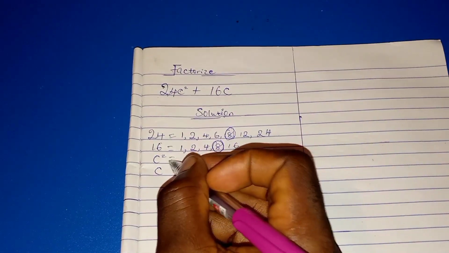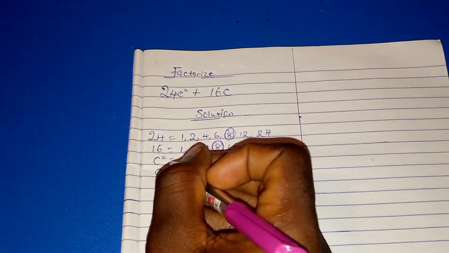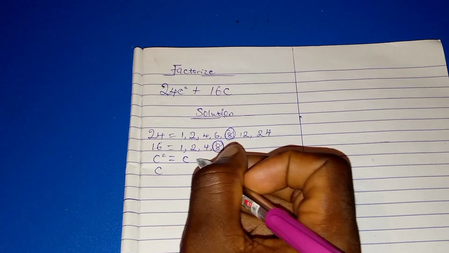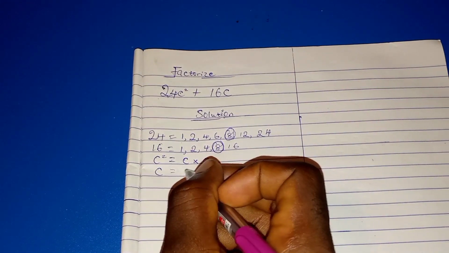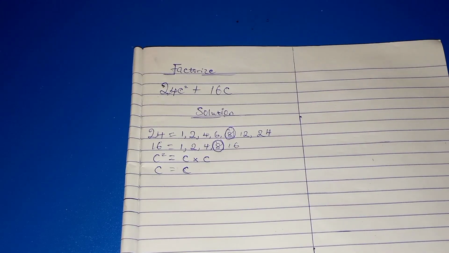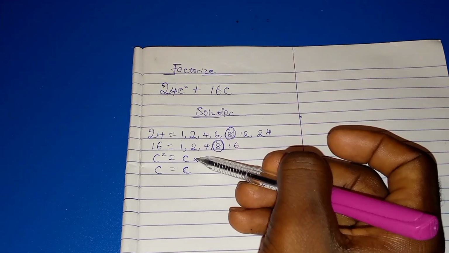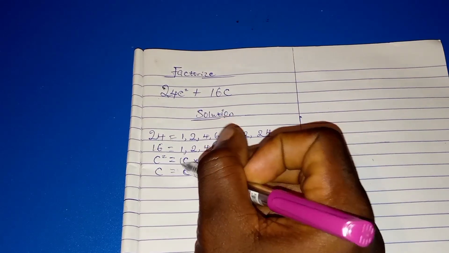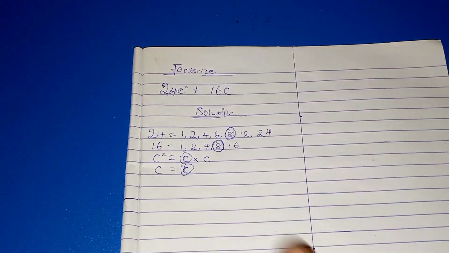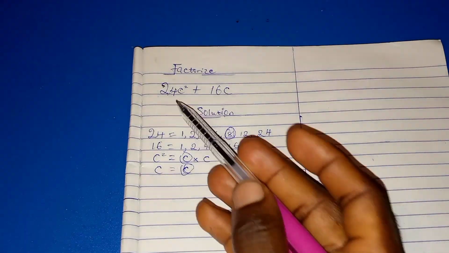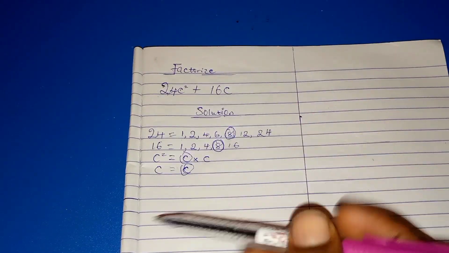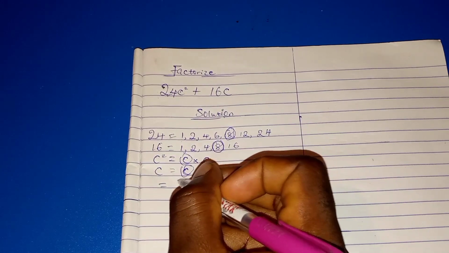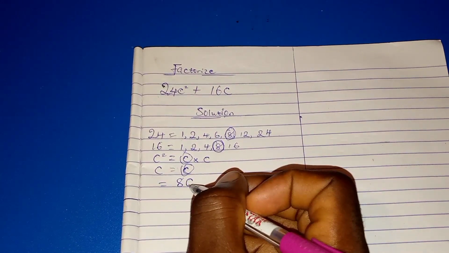Now we have c square, which is c times c. Then we have c itself. The highest common factor here is c. So the highest common factor of 24c square plus 16c is 8c.